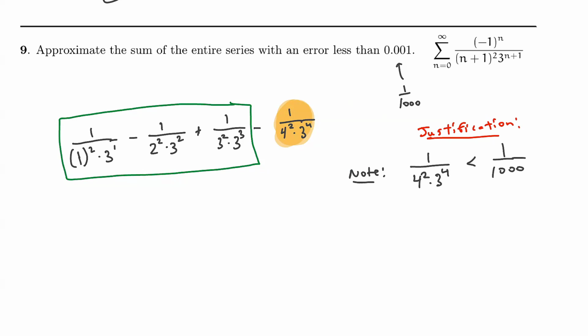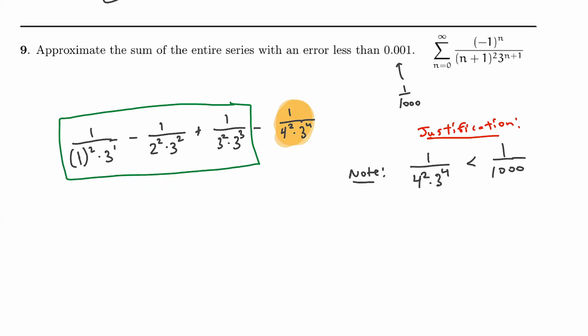We know that whatever these first terms add up to will be within 1/1000 of the actual value that the series converges to, which is really, really good to know. I think you don't have to write this out as a sum, because usually in the final exam, they will tell you to write out your answer as a sum of terms.